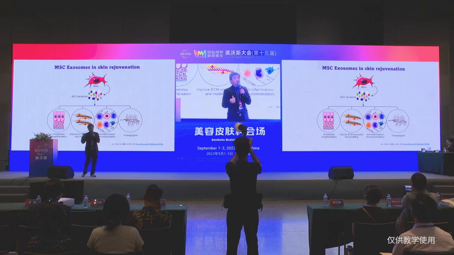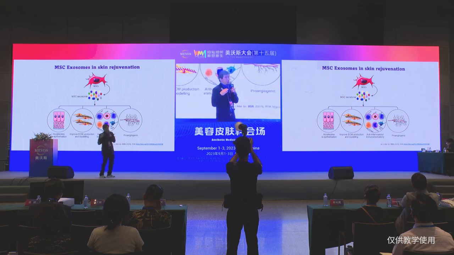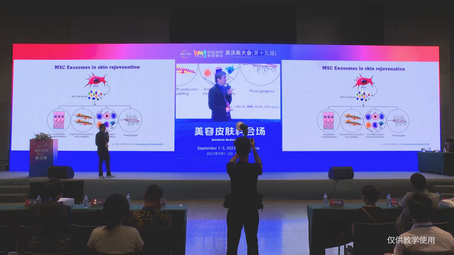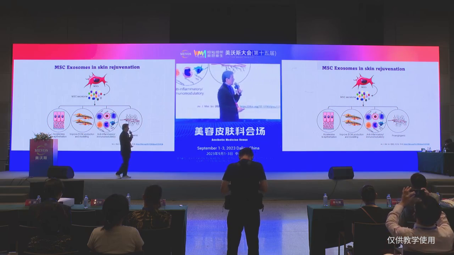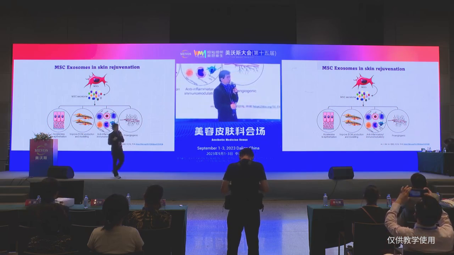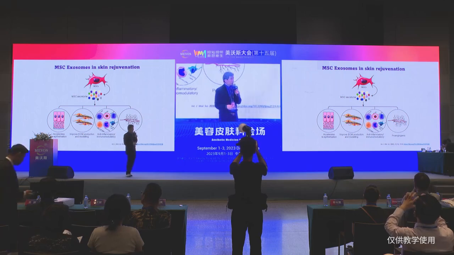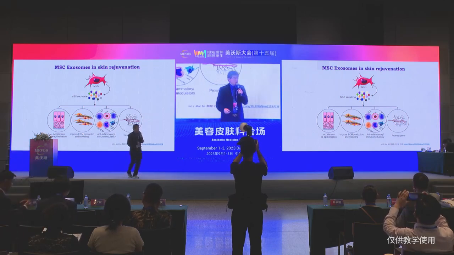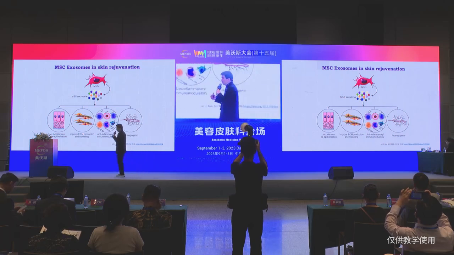So what happens to the exosomes released by the mesenchymal stem cells? Those small vesicles actually have great potential and applications for skin rejuvenation, because they can really accelerate the epithelium layer transitioning and remodeling, and also improve the extracellular matrix remodeling and production. They have anti-inflammatory function, they also have immunomodulatory function, and they can also promote blood vessel growth.